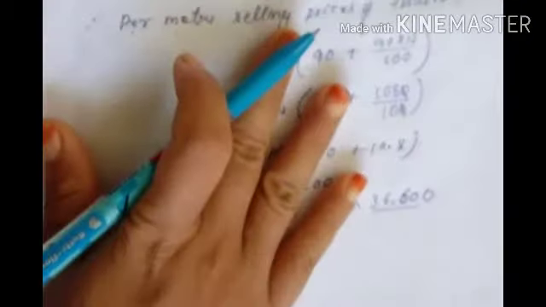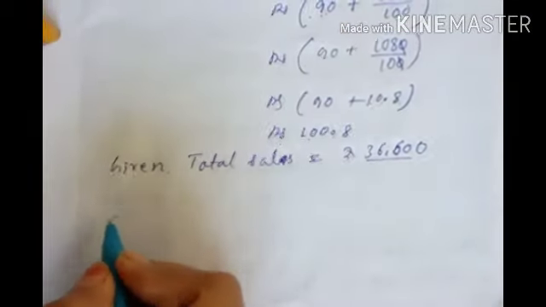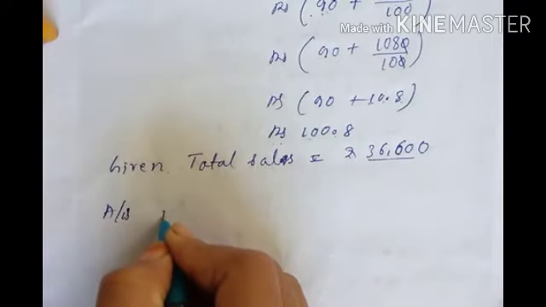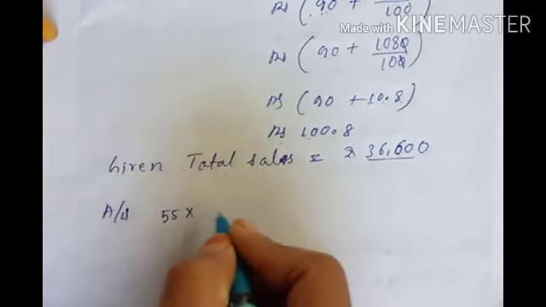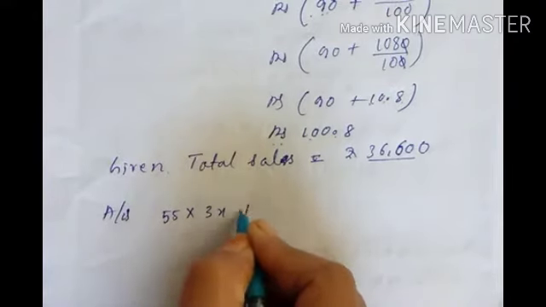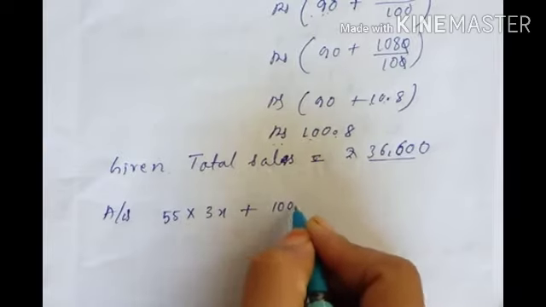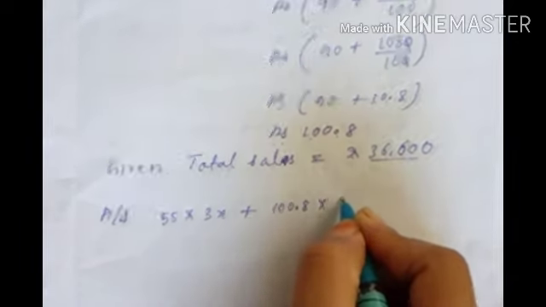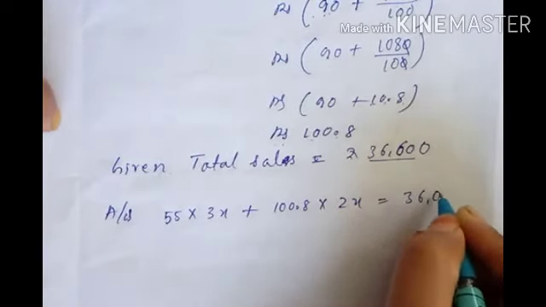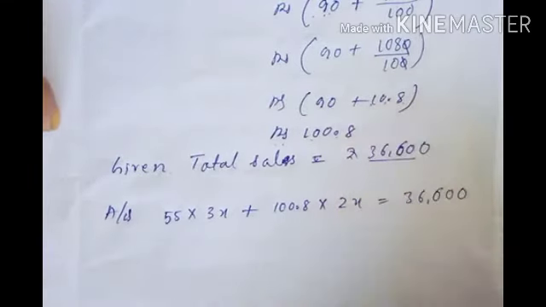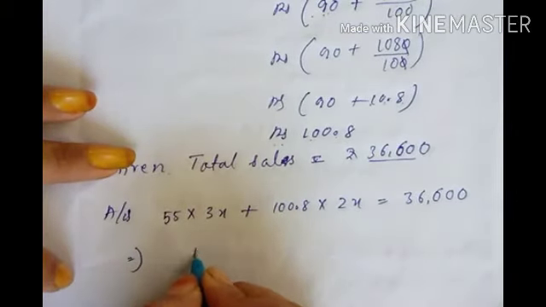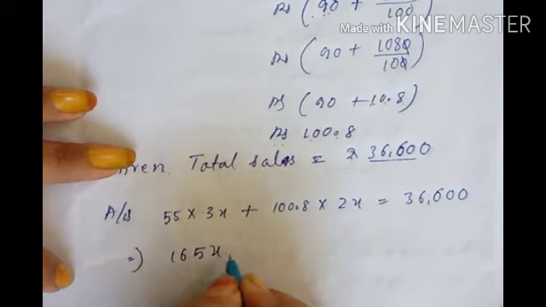So how you will write? According to the question, it is rupees 55 into 3x plus rupees 100.8 into 2x. This is equal to 36,600. Now if you multiply this, how much you will get? 165x.